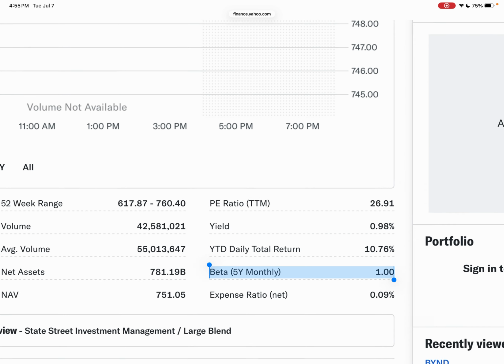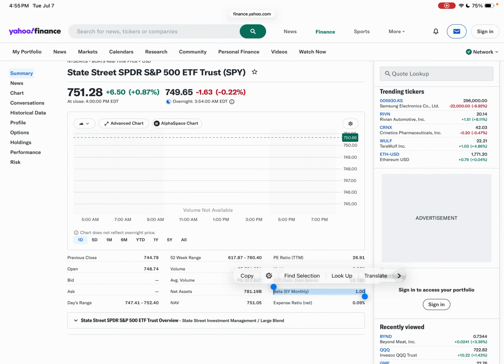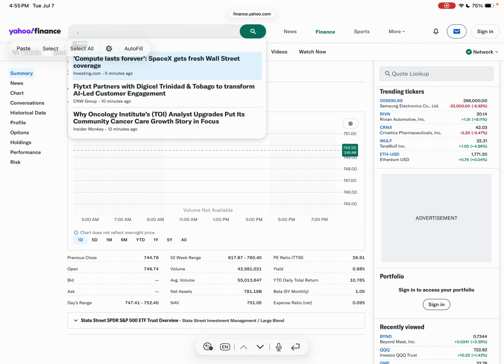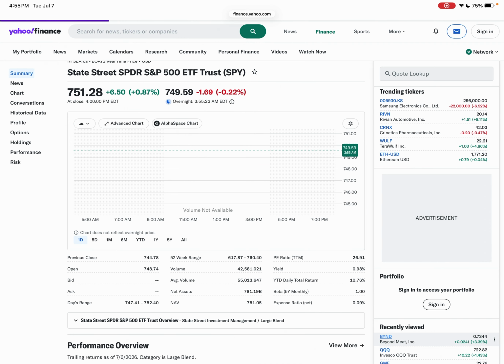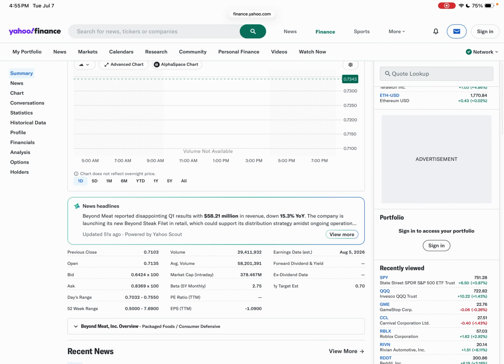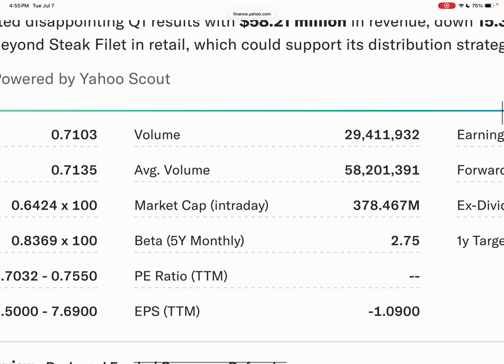That's because this ETF, SPY, S&P 500, follows the overall market, so it should be 1. Let's look up some risky company. Does it have a beta? Yeah, beta is 2.75.